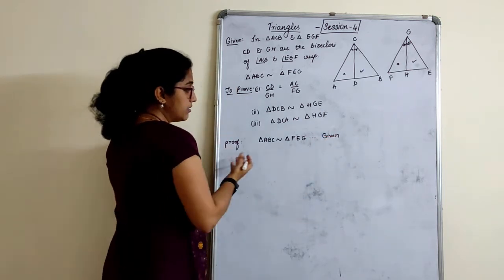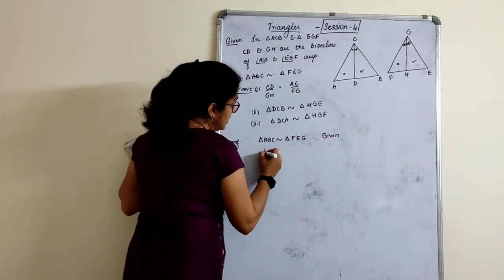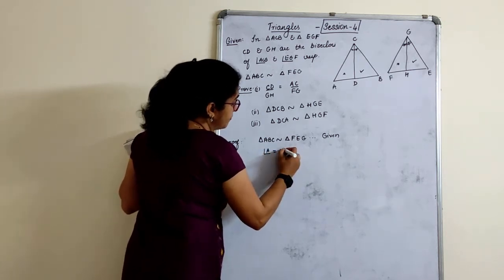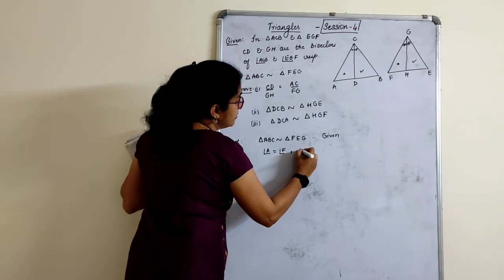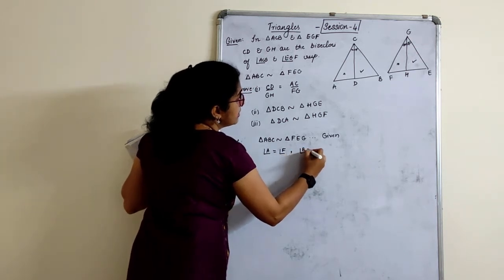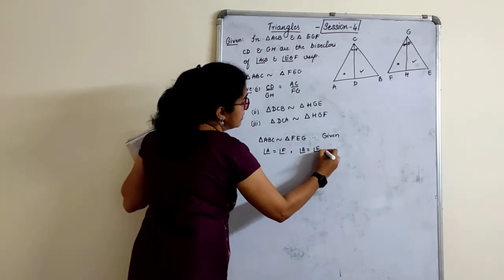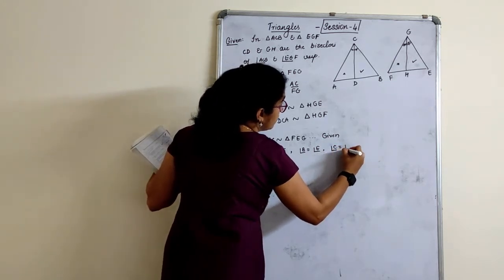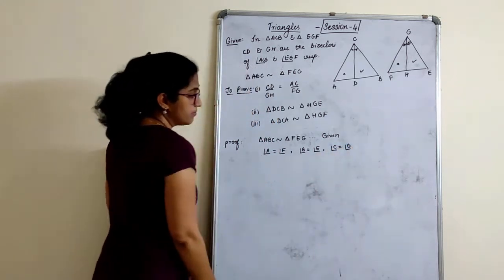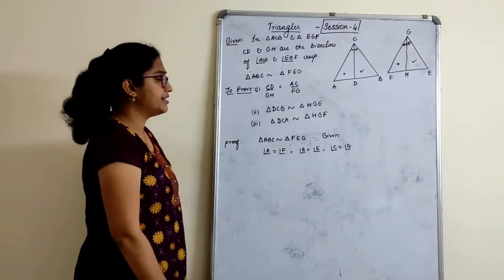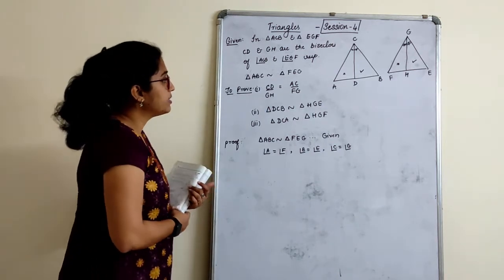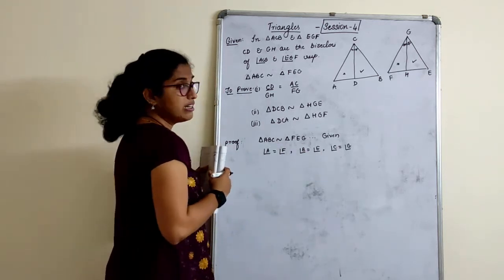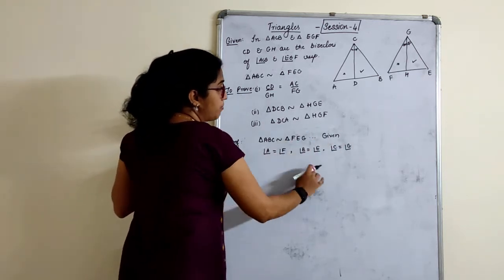So if these are similar, then angle A is equal to angle F, angle B is equal to angle E and angle C is equal to angle G. All the angles are equal. Leave the sides, we can write them later.